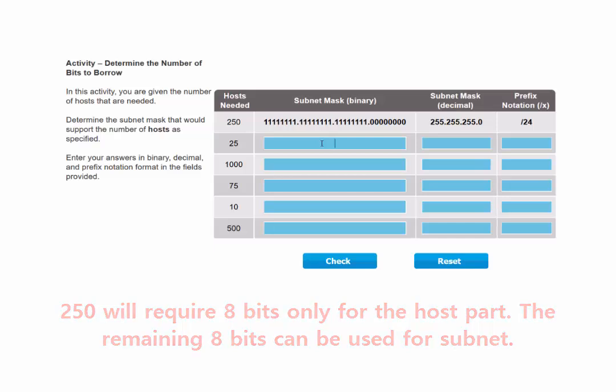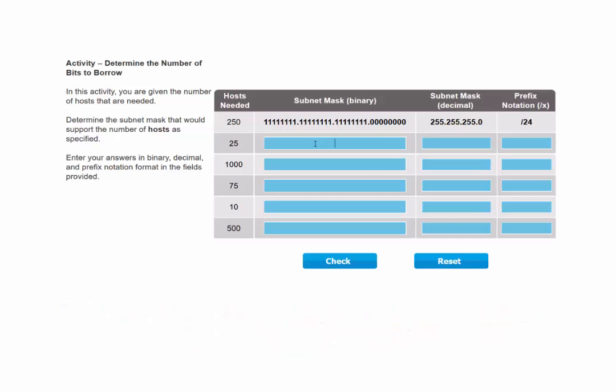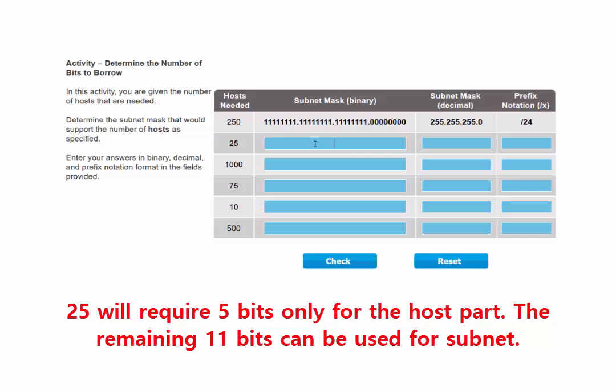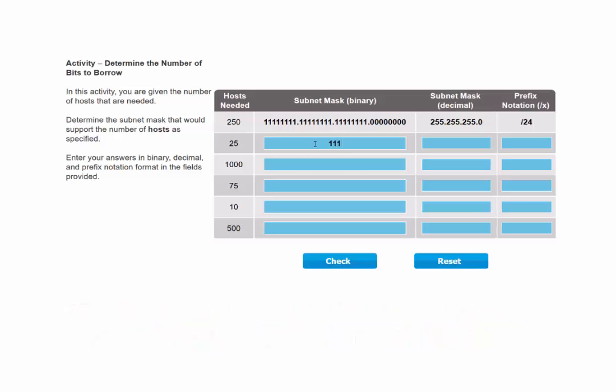If the number of hosts required is 25, remember that if we have 4 bits per host, this will give us 16 minus 2, which is 14. So we need another bit. So we need 5 bits for hosts. So the subnetwork mask in that case will be 8 ones, 8 ones, 8 ones, and then we need 3 ones, 1, 1, 1, and then the rest will be zeros.